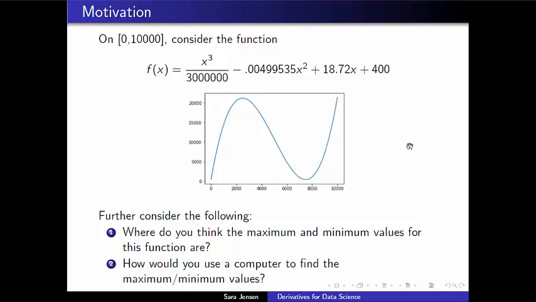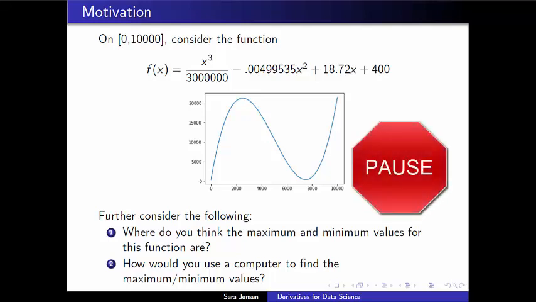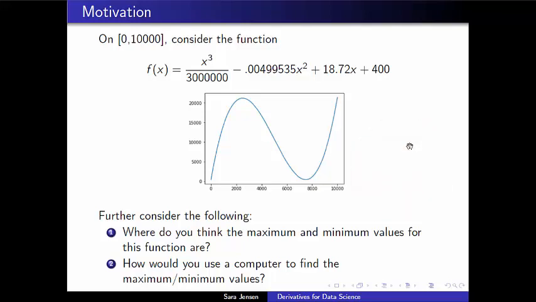So before we go any further in the slides, I want you to pause and think critically about a couple of questions. First of all, where do you think these maximum and minimum values are? And how confident are you that your answer is correct and as precise as can be?